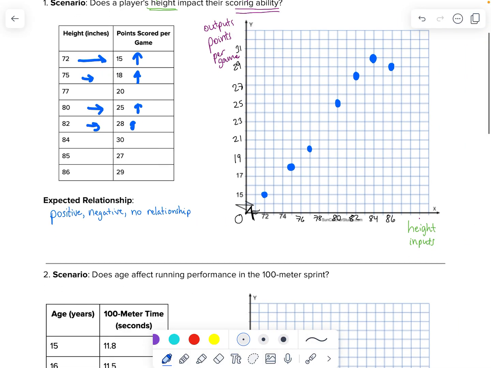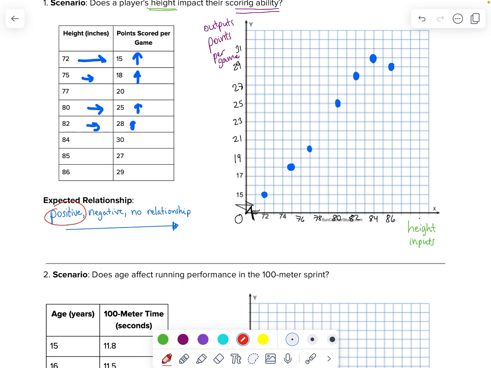So, and we always look from left to right. So just like how we read, we look at the graph from left to right, and we're deciding if it's positive going up, negative going down, or if it doesn't really look like there is any relationship. This one, I think we can agree that there looks like a positive relationship.